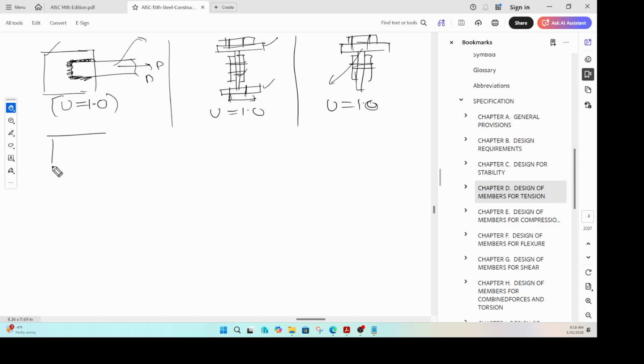Okay, so that is what case 1 is about. It is talking about shapes wherein all the elements of that shape are connected. So this is the first element, this is the second element, this is the third element. All these elements are connected to something else through welds or fasteners. Maybe you're welding it here, or you're just fastening it here. Then U equals 1.0.